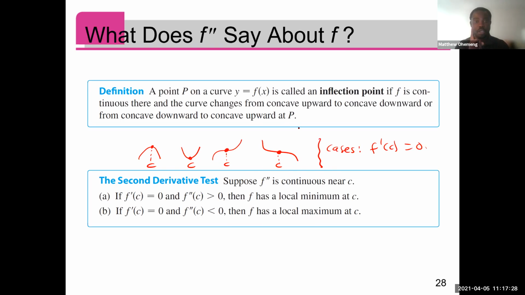Now, don't forget that this one is not saying where f prime of C is undefined. That case is not counted here. This is only looking at where f prime of C is 0, right? So if f prime of C is 0, and you notice that f prime prime of C is positive, what does that mean? That means that C lies on a concave upward interval, right?